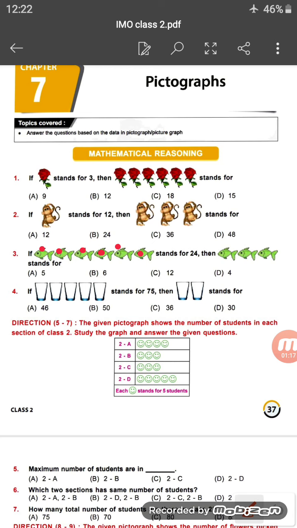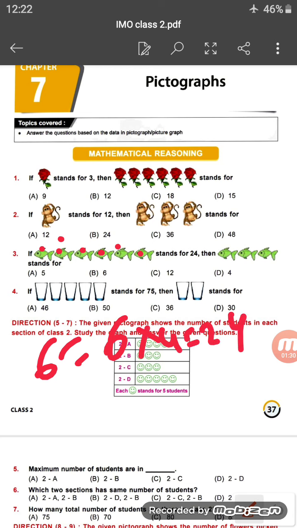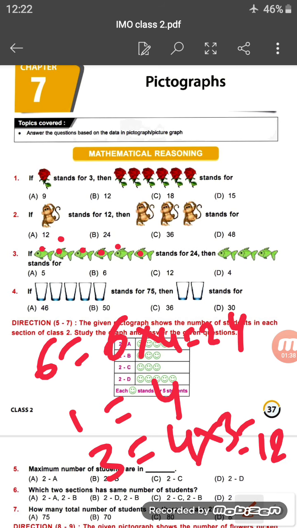Each stands for 4. That's why 4 into 6 is 24. Then each one has a value of 4, so 3 will have 4 into 3, that is 12.